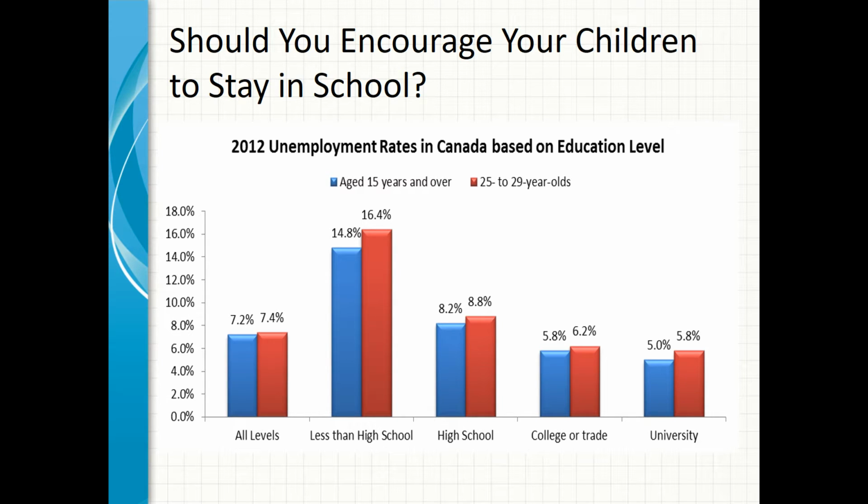So it's a cycle of goodness. So that's why the government wants us to go to education, educate ourselves. So less than high school is a very high unemployment rate, as you can see there in the chart: 16% unemployment rate for people between the ages of 25 and 29 who have not graduated from high school.